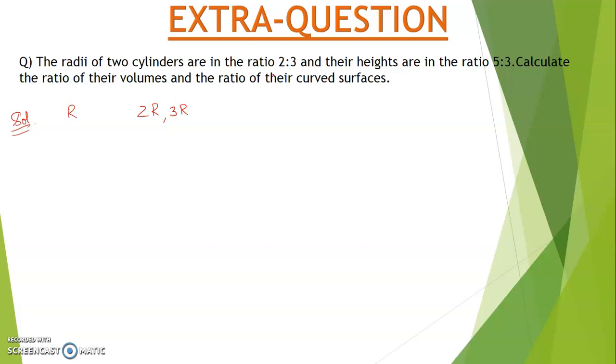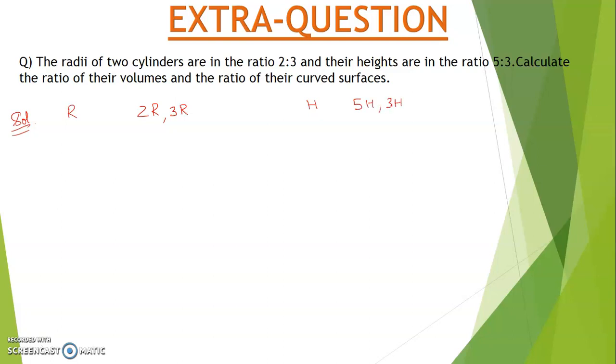Now according to the question, the ratio will be 2r and 3r, and their heights are in the ratio 5:3. So let the height be capital H. You can write the statement, let the height be h, so the ratio will be 5h and 3h.